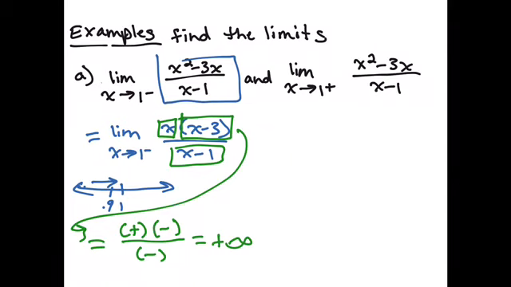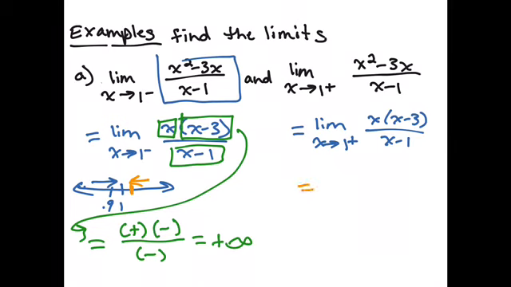Okay, if we look at it from the right, then we want to pick a number a little bit bigger than 1. So now we're over here on the number line. So let's say 1.1.